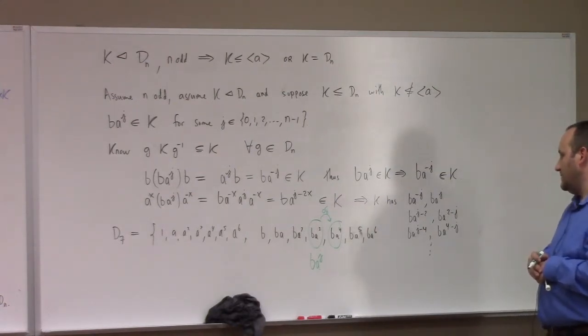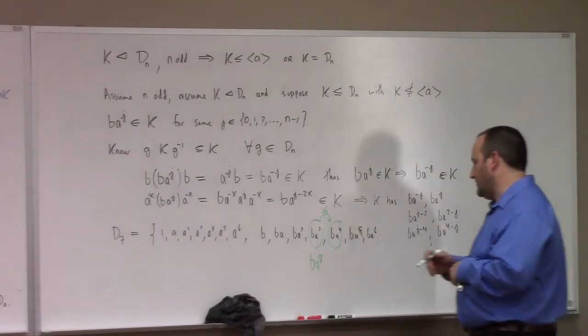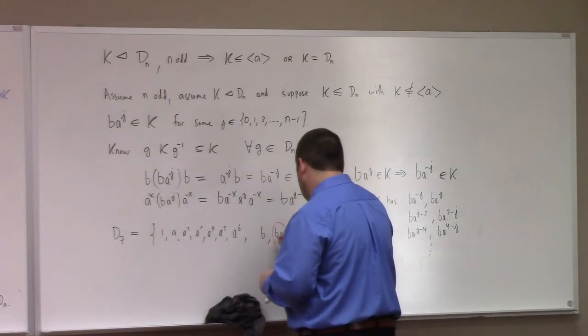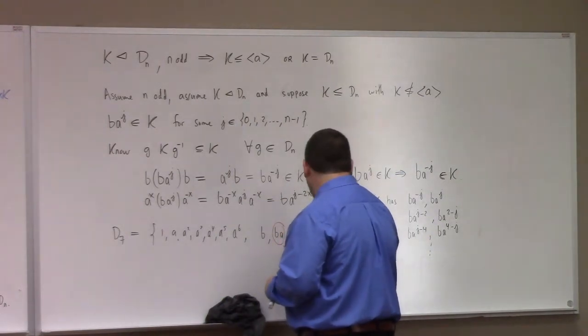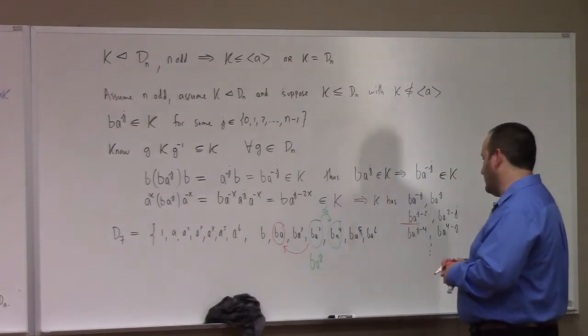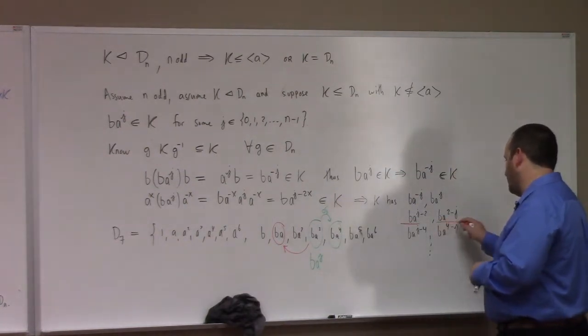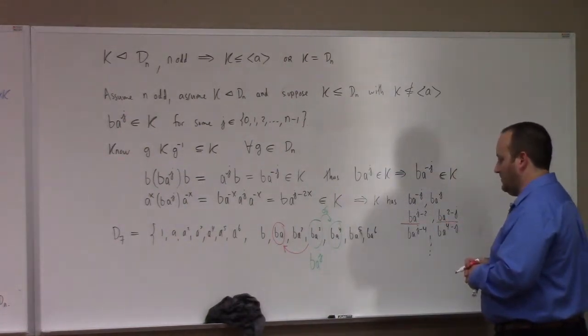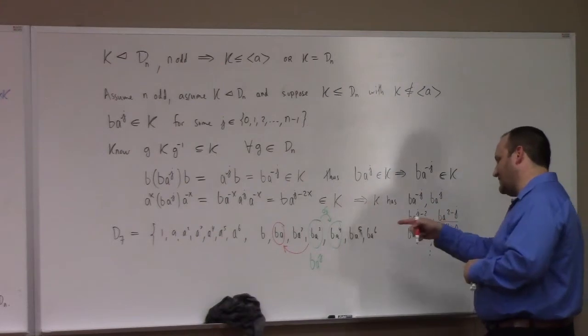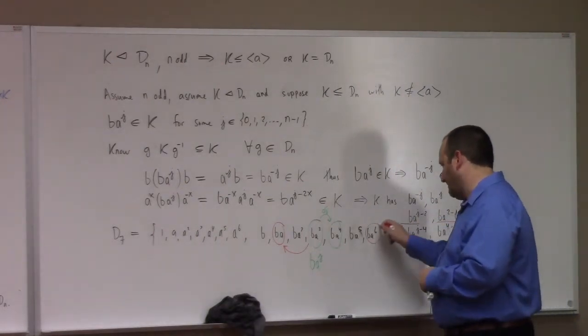And then ba to the j minus 2 is over here, right? That's this one, which by conjugation gives me, then 2 minus 6 is paired to that one, right?